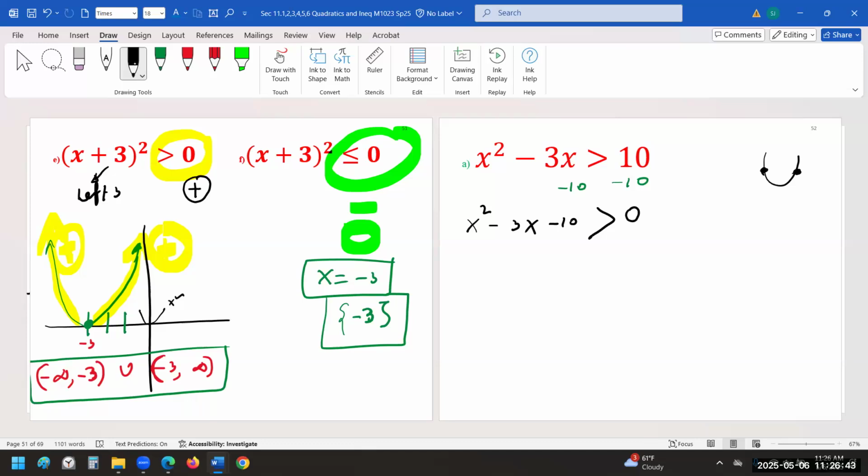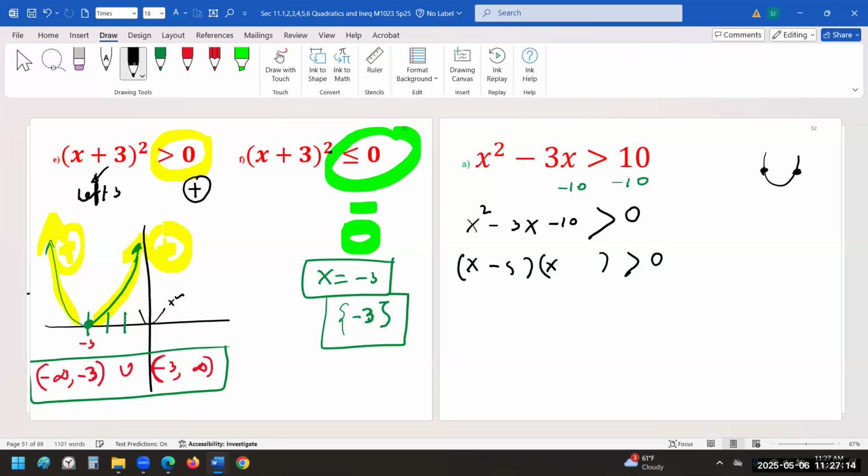So you're looking for the x-intercepts. In other words, our goal is to solve for x. To solve for x, we have factoring, completing the square, and the quadratic formula. Which one do you think is easier here? Factoring. Can you think of two numbers that multiply to negative 10 and combine to negative 3?